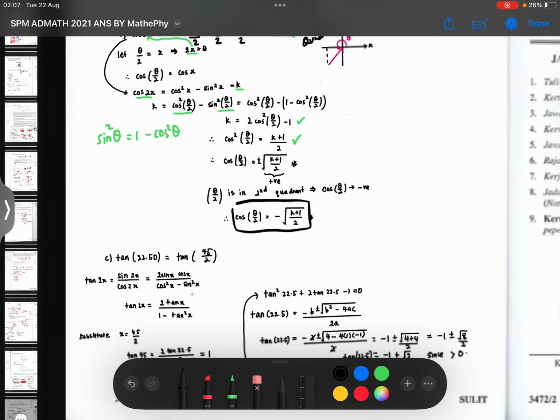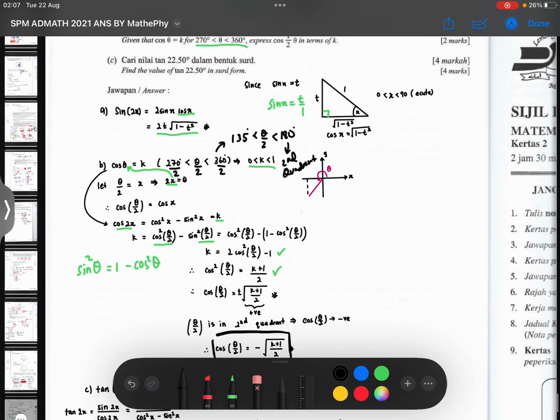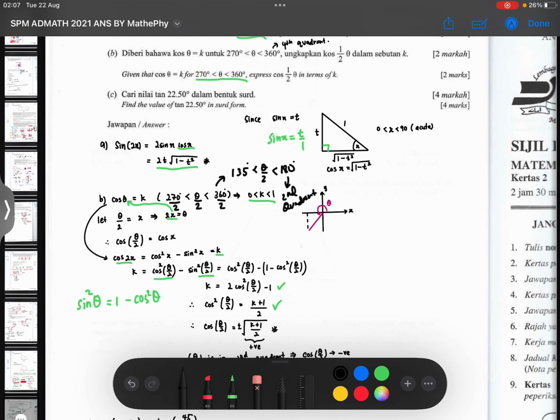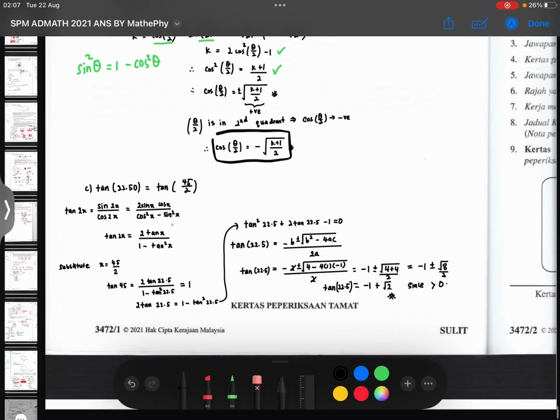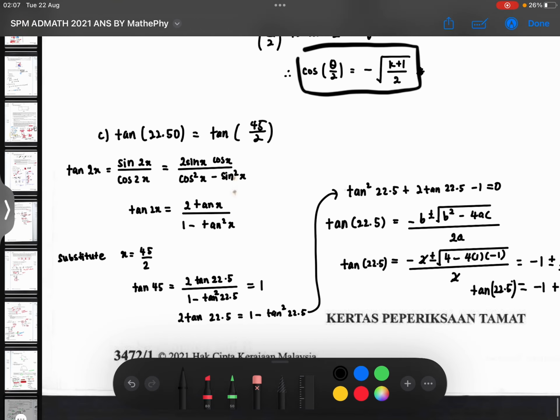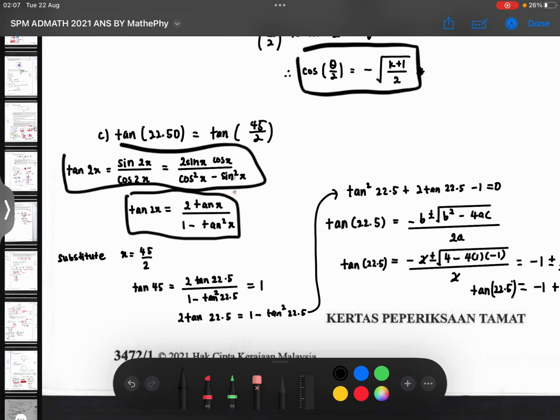Okay, last one. So we need to find what? Find the value of tangent 22.5 degrees in surd form. Okay, so this is actually a half angle also, but I remember that the double angle formula for tangent is like this, so I already derived it from the basic principle.